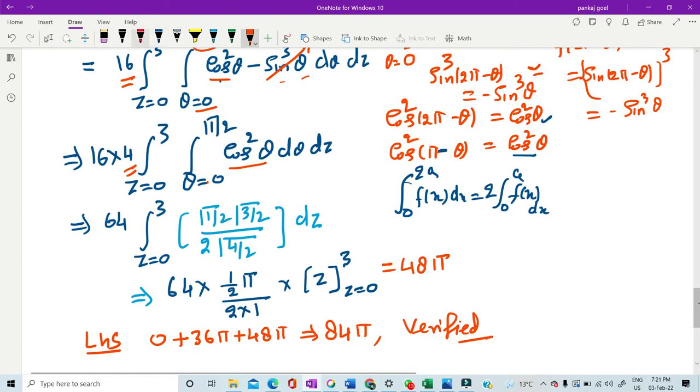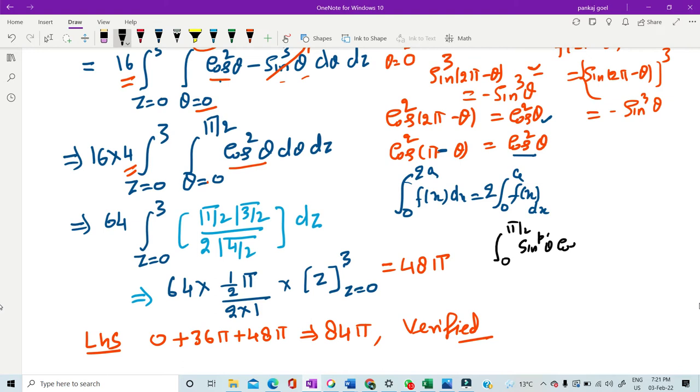The formula is: the integral from 0 to pi by 2 of sin to the power p theta cos to the power q theta is equal to gamma of (p plus 1) by 2 times gamma of (q plus 1) by 2, upon 2 times gamma of (p plus q plus 2) by 2.